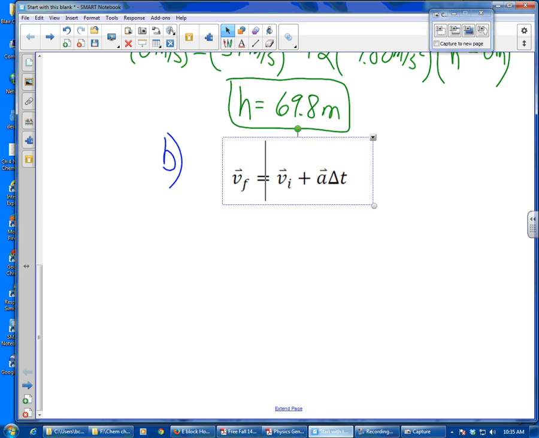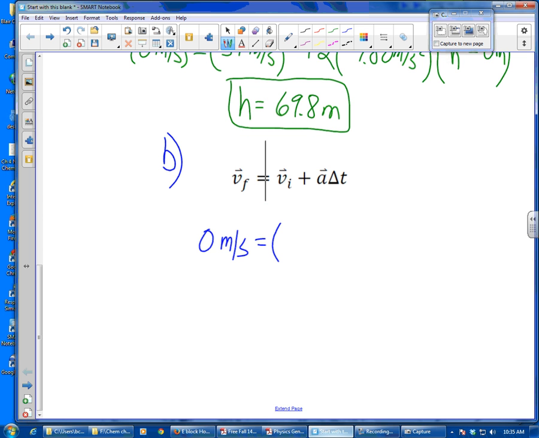And we know it's accelerating the whole way up. So I end up at the top. How fast am I? What's my velocity at the top? 0. 0 meters per second. That equals my velocity at the bottom, which was positive 37 meters per second. I'm in free fall, so I'm accelerating downwards at 9.80 meters per second squared, and I'm doing that for a certain amount of time.